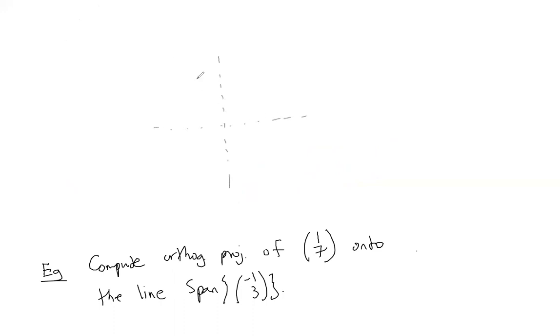So W is the line. This is W. And then we have a vector V. This is V.